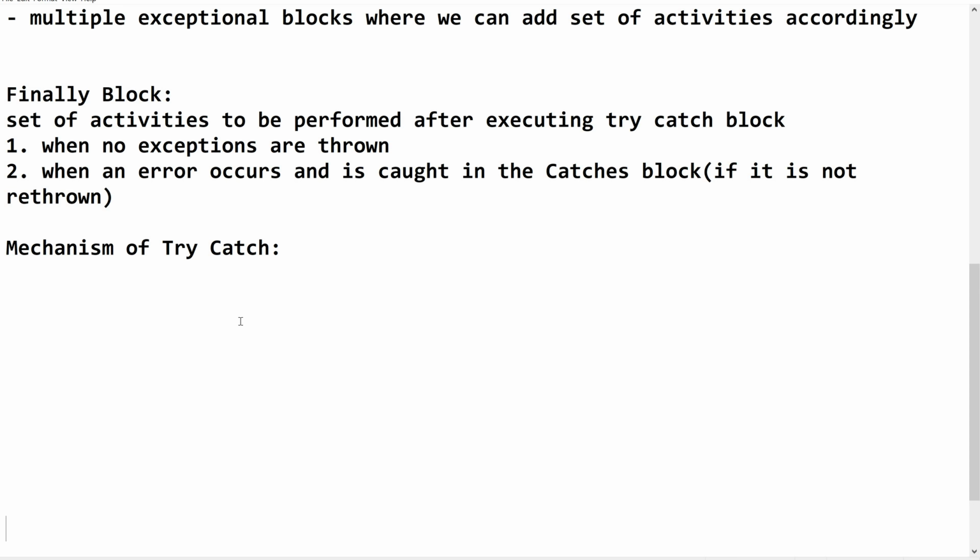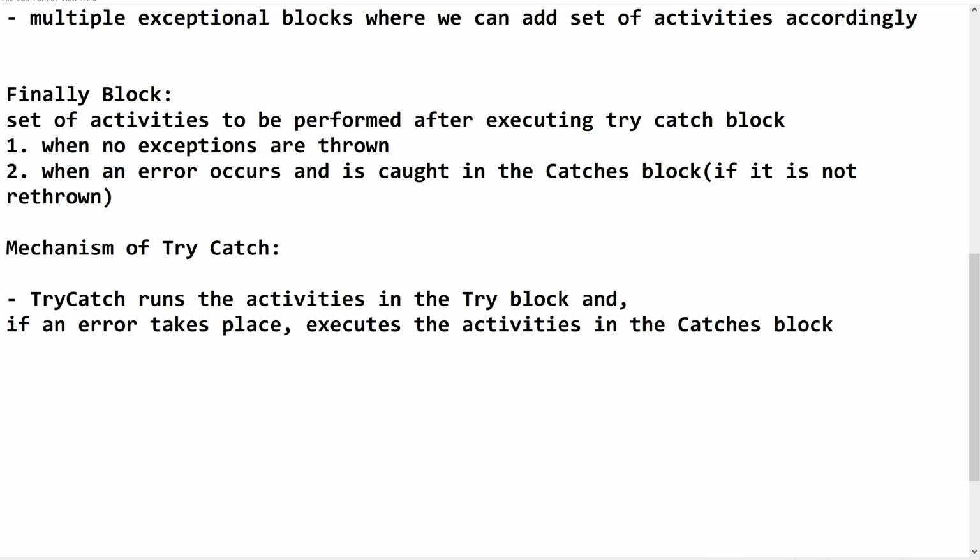Finally, the set of activities in the finally block are going to be performed if an exception has been thrown, or if there is no exception, right? I can give it to you this way. Let me make a note of this. So this way we can simply tell this mechanism. Try-catch runs the activities in the try block, and if an error takes place, executes the activities in the catches block. And the finally block we have already covered.